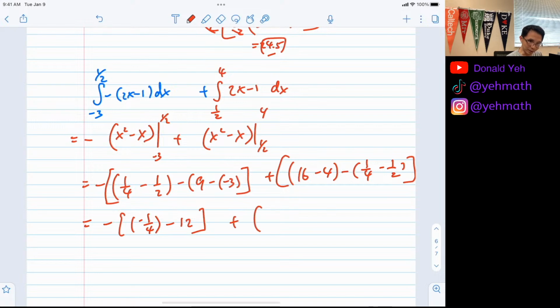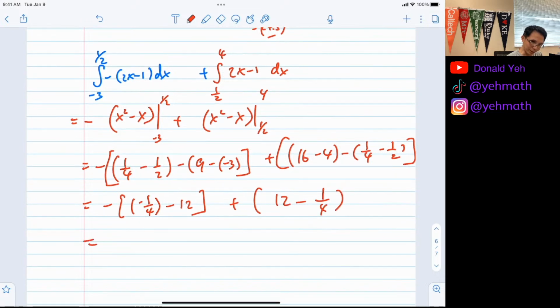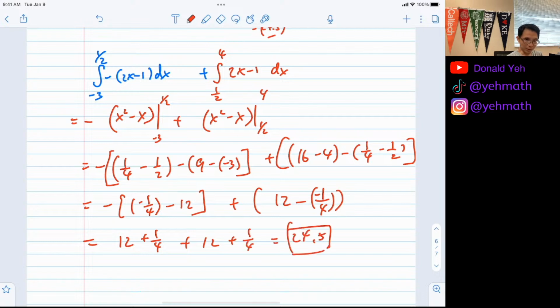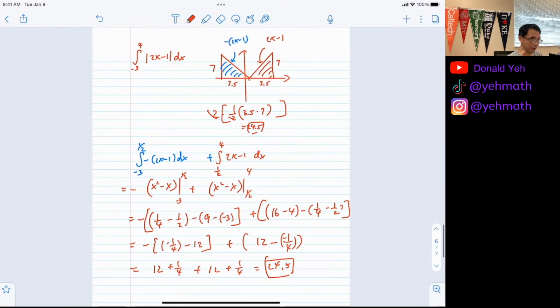Plus, that's going to be 12 minus 1/4, I think. So that is going to be positive 12, positive 1/4. And I think I messed up somewhere. This one's negative. So that's going to be plus 12 plus 1/4, 24.5. So much work to do just a simple thing.